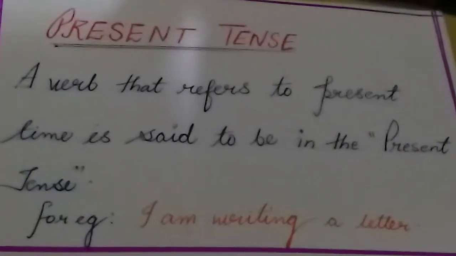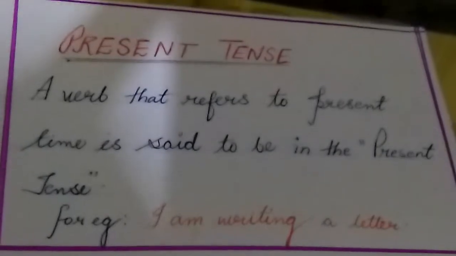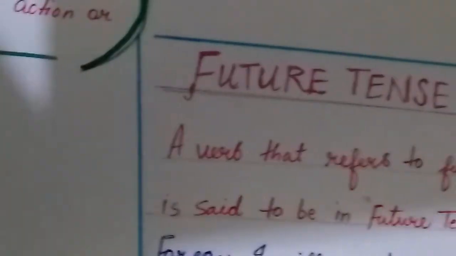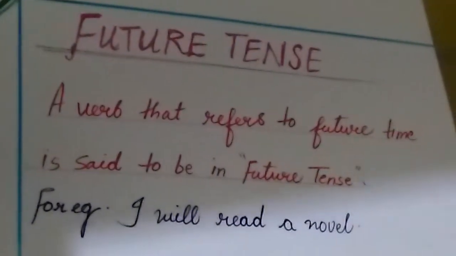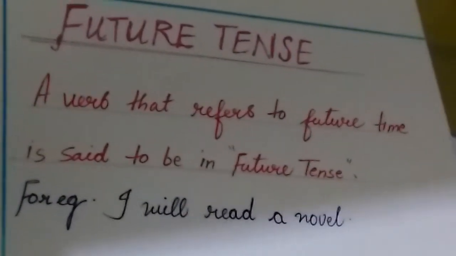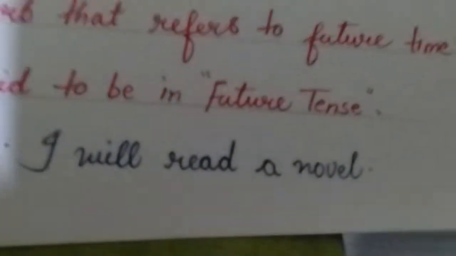And in a similar situation, when do we find a verb in future tense? Let us try to identify the same. A verb that refers to future time is said to be in future tense. For example, I will read a novel.